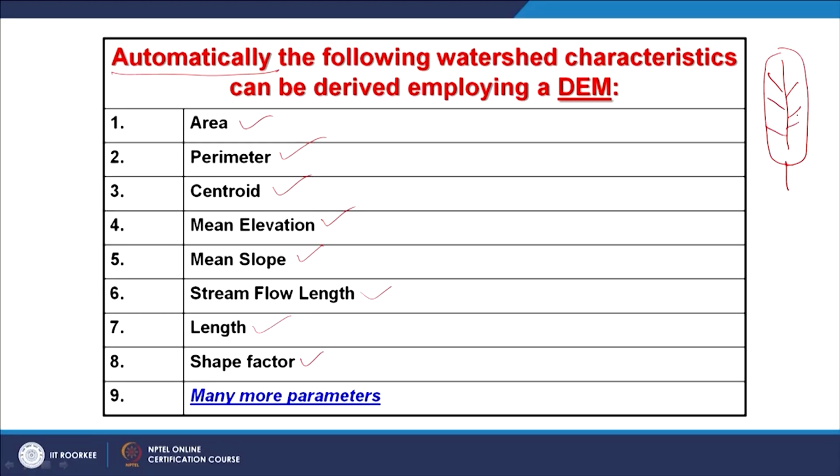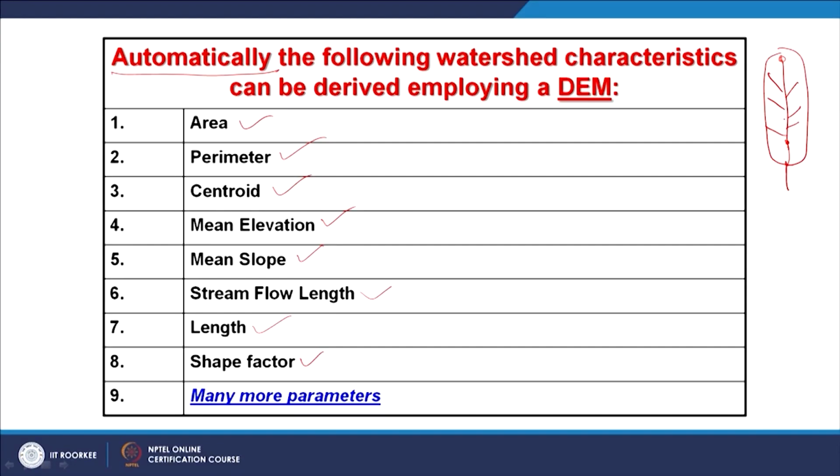If water is falling all over this catchment, then the water which falls here will come out of this outlet first, whereas precipitation which occurs here will come out last, because there will be lag time. Water falling at different places in the basin will come out at different times.